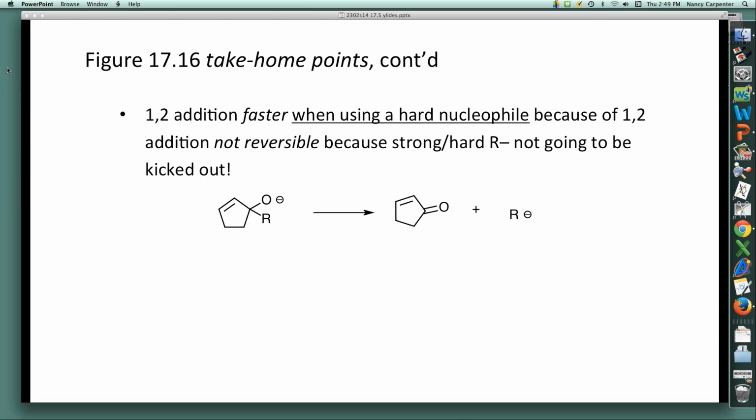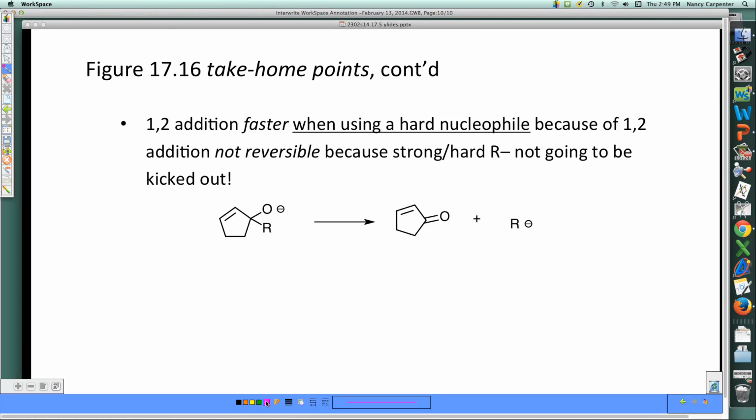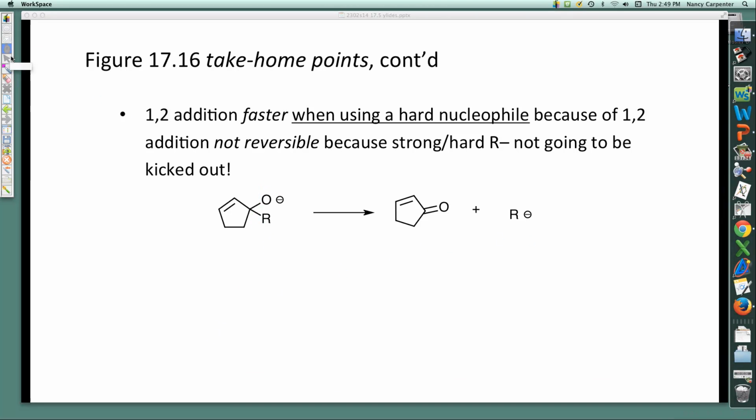So if you think that once that R group adds to give you this intermediate, you can swing this puppy down and kick out that R group to give the reverse reaction, ooh, don't go there, because that's just not going to happen.